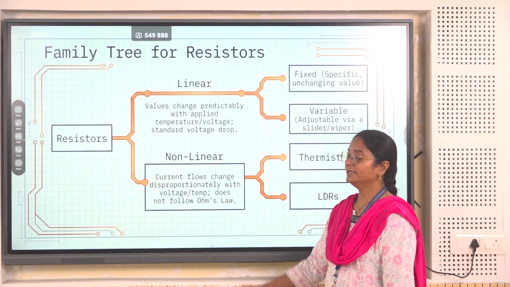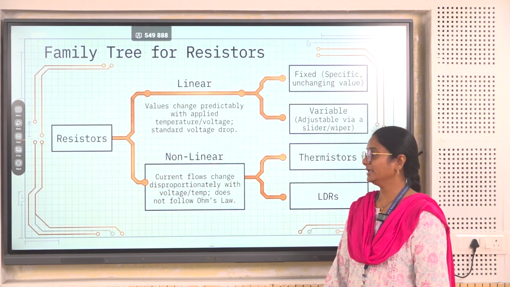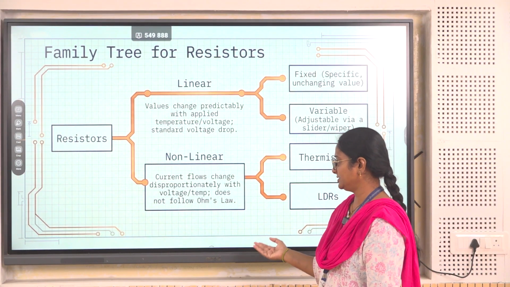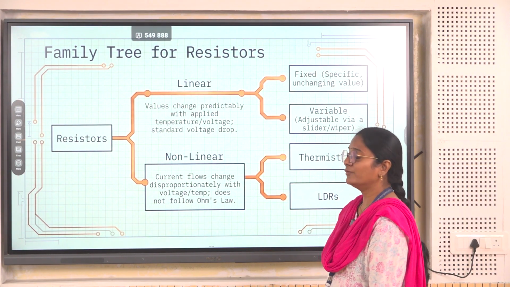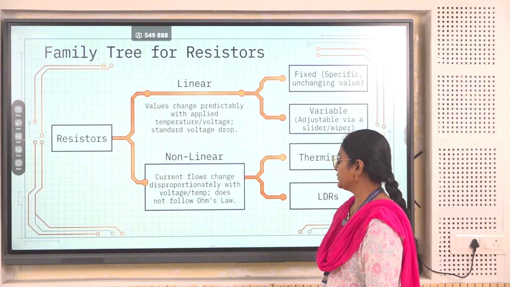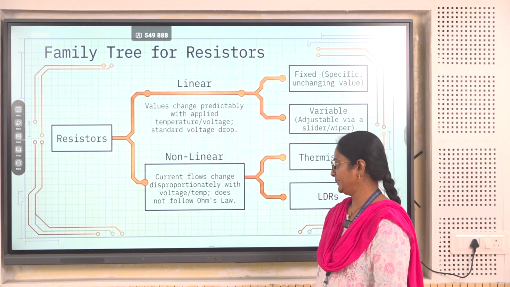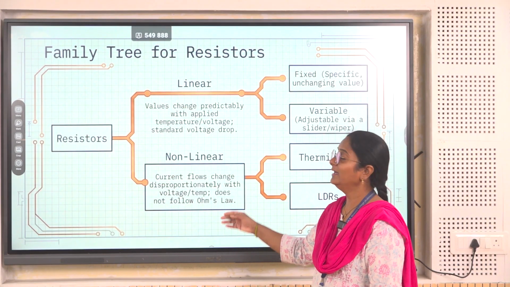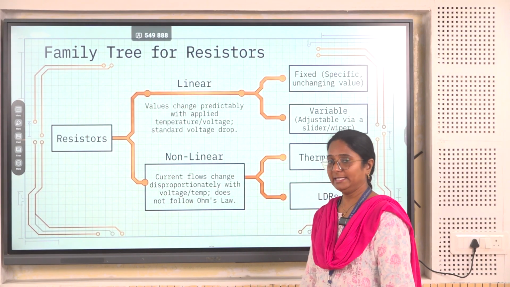Whereas in non-linear the value changes disproportionately, that is, the current flowing is disproportionate to the voltage or temperature. Ohm's law is not followed in non-linear, and Ohm's law is followed in linear.